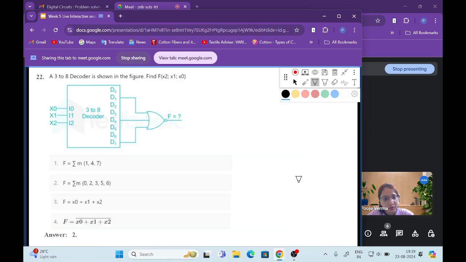Okay. So moving to the next question. Next question is, a 3 into 8 decoder is shown in the figure. Find out the output F of x2, x1, x0 in the form of x2, x1. So how can we get it?